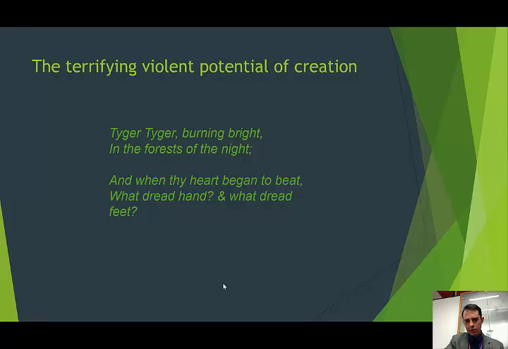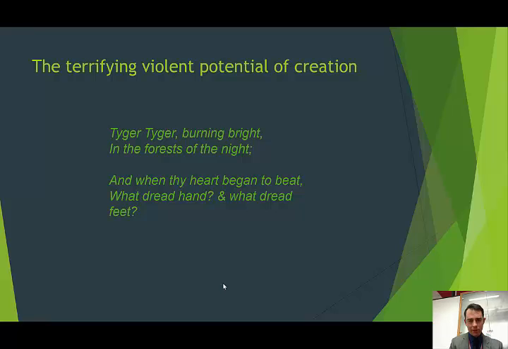So here we have this idea that this tiger is created for the purpose, or at least one of its functions, is to injure, to harm, and to hurt other beings, to inflict violence upon other things.